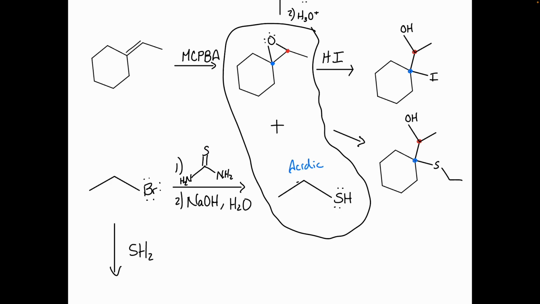Okay, so then the last two, let's just think here. Now let's start out with a cyclic alkene. Okay, what if we did our Br2 and H2O followed by NaOH?